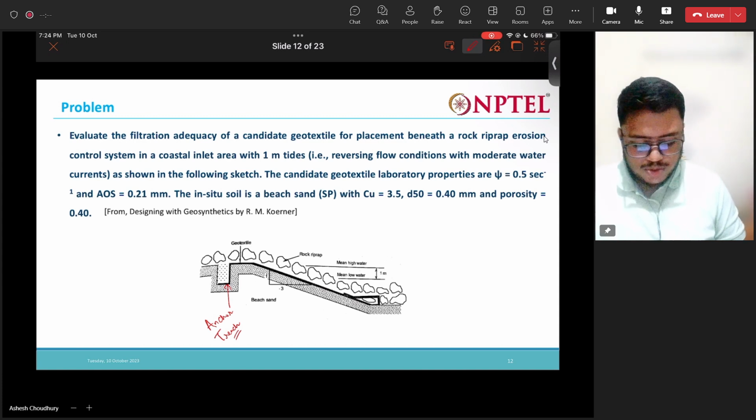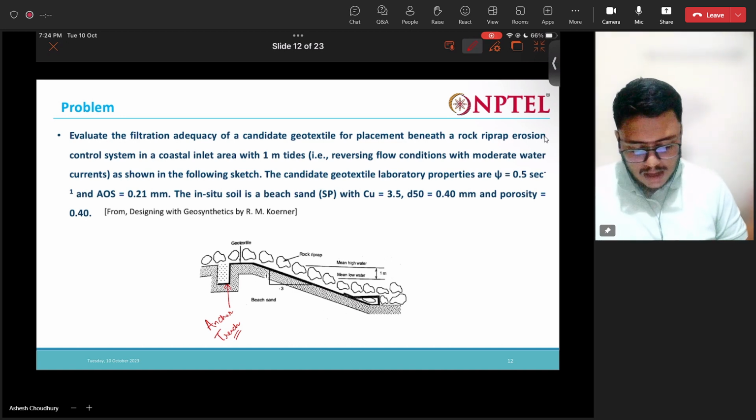The riprap will dissipate the energy coming from the waves somewhat, and then this geotextile will hold the beach sand in its place. Whatever water is entering through it will just exit out easily.